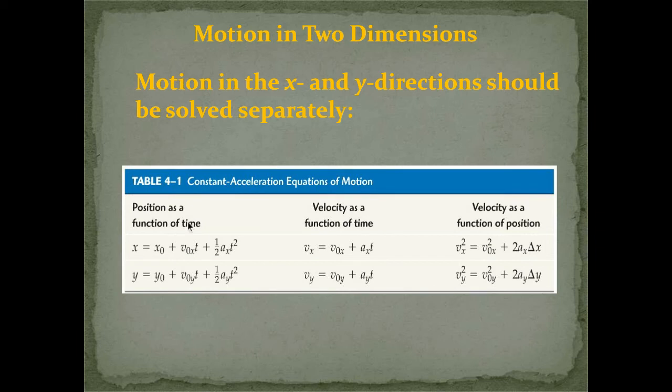All right, here are some equations that are in your book for motion in the x and y directions. We'll treat them separately. We have position as a function of time for x and y. We could use the world line for both, but for position as a function of time in the horizontal, remember the acceleration in the x is 0, so this term cancels out. So you just have x equals x naught plus v naught x t.